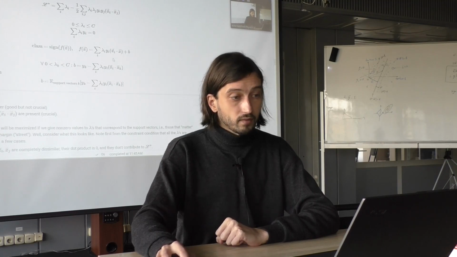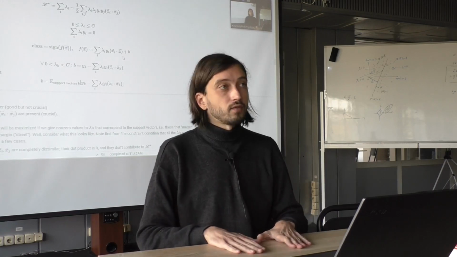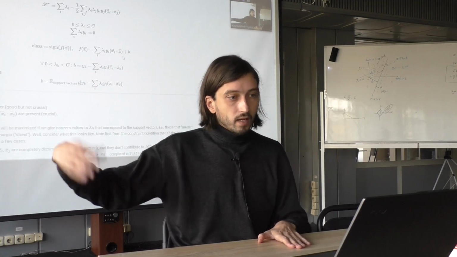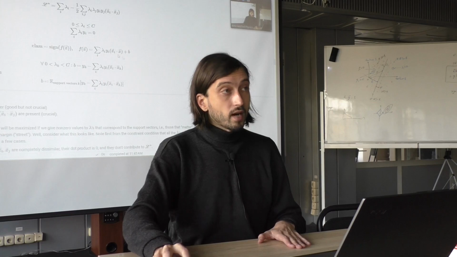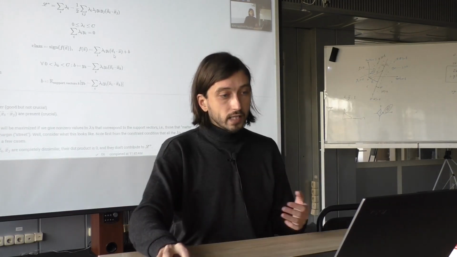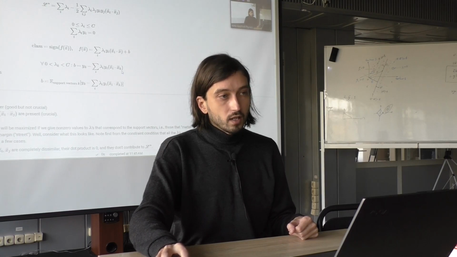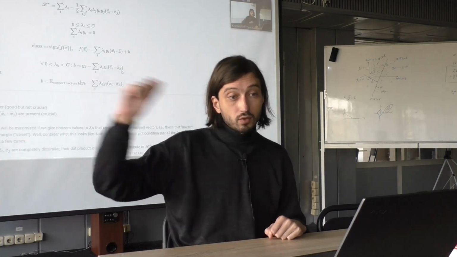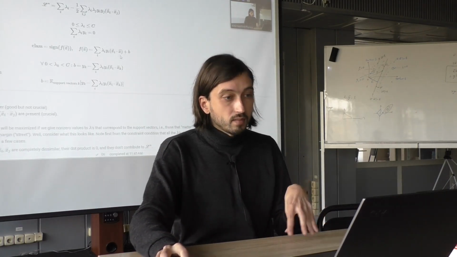So what I have at the end of the day is my initial space I started from. I need to transfer to somewhere and do something in there. But I see that whatever I do in there requires me to know only these scalar products. So I don't even need to know where my vector is mapped to, but I need to know where my scalar product is mapped to.